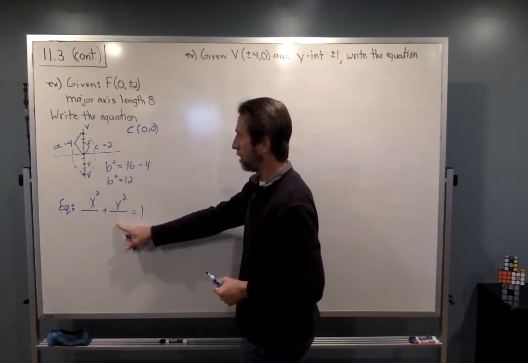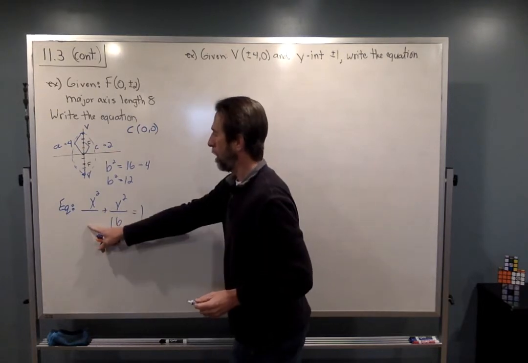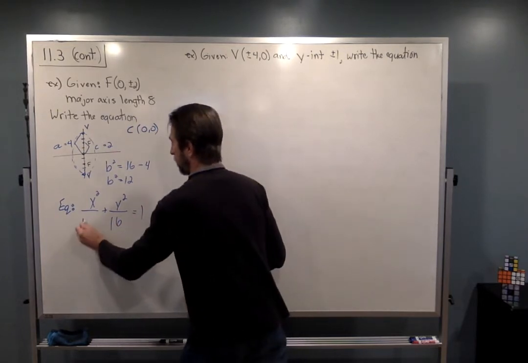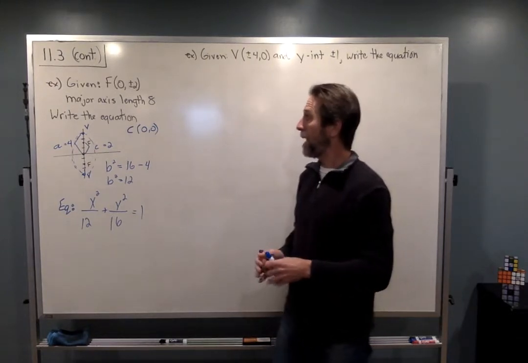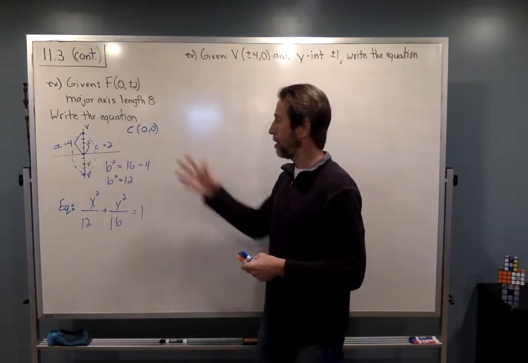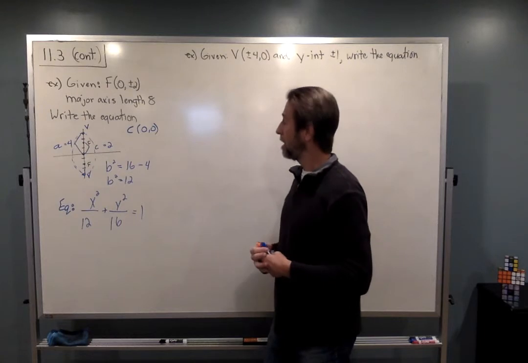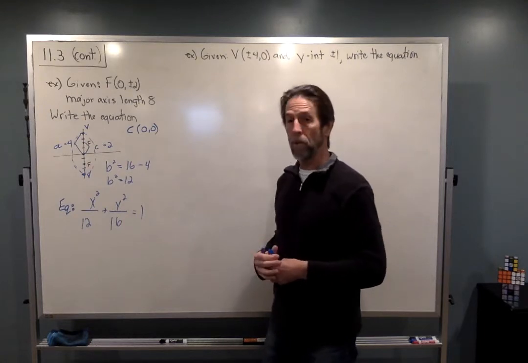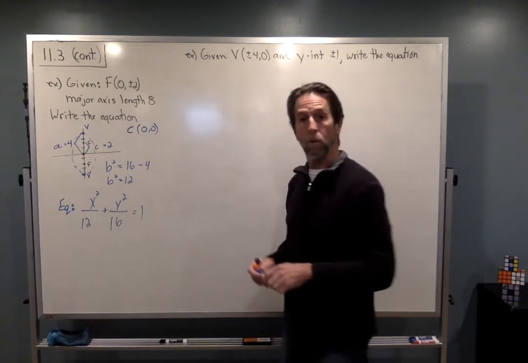This requires a squared, so there's 16. This requires b squared, so there's 12. We are done. It really came down to understanding the geometry of the ellipse in order to get the equation. If we wanted to find the length of the minor axis, we could do that, but we pretty much have all the important things needed to get the equation.